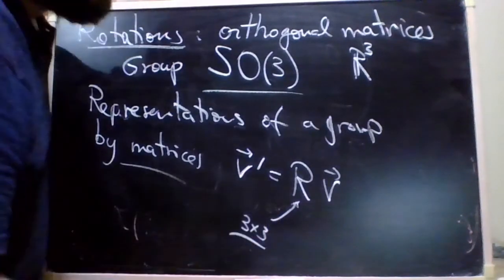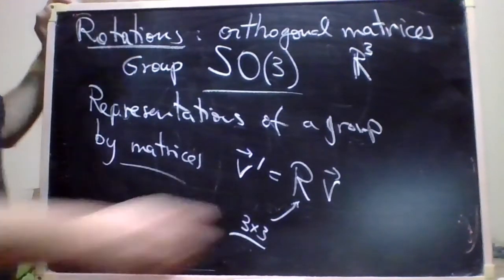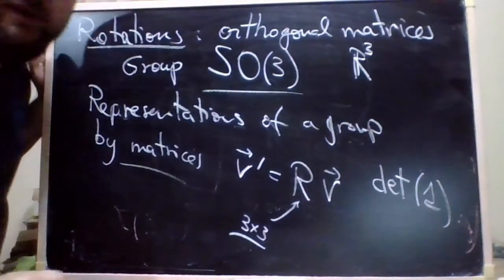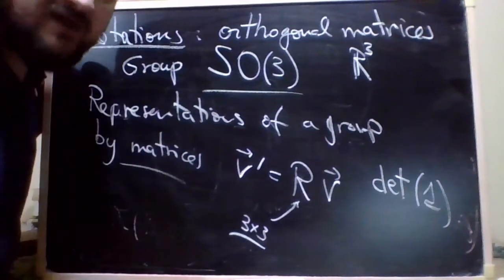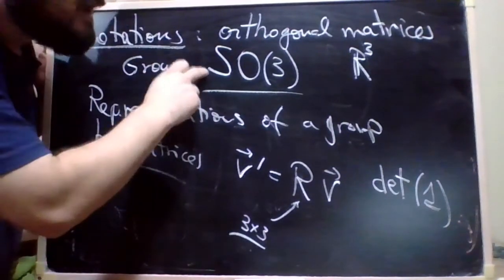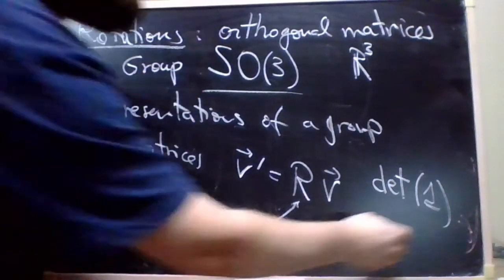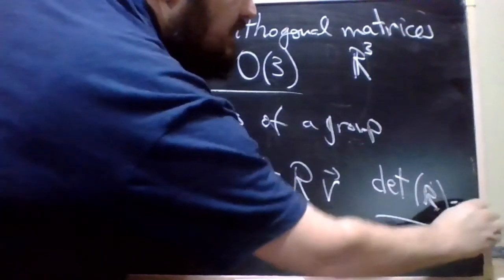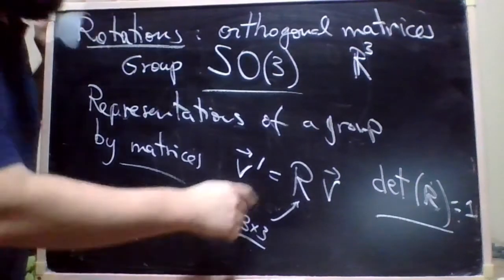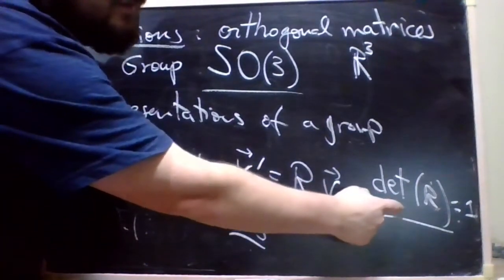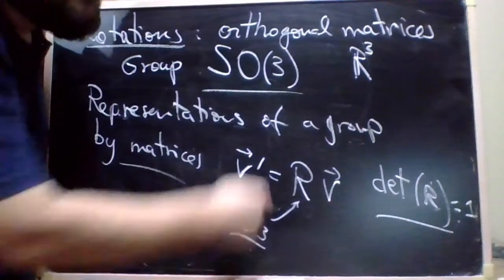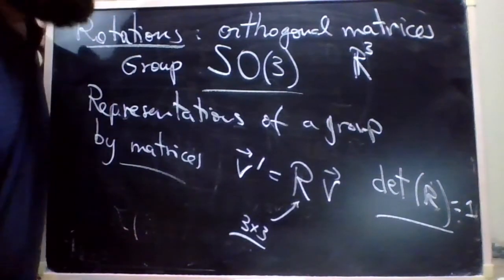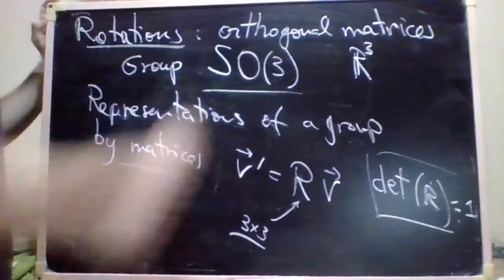And this matrix has a very interesting property for the case of proper rotations, just rotations. You do not reflect vectors, you do not translate, just proper rotations. Contained in this group here, the determinant of these matrices, of an orthogonal matrix, is just 1. All right. So 3 by 3 matrices satisfying this relation here and preserving the norm of the vectors, the modulus of the object, satisfy this and are called orthogonal matrices.